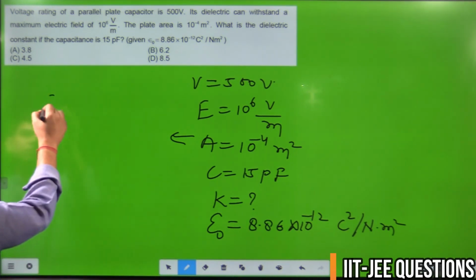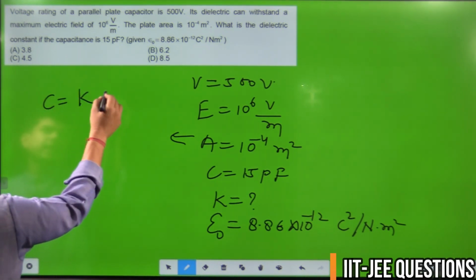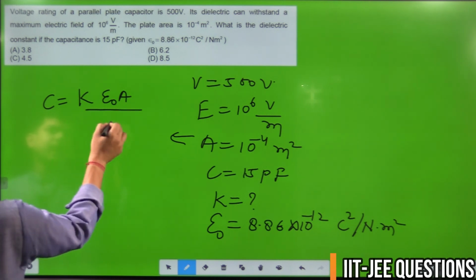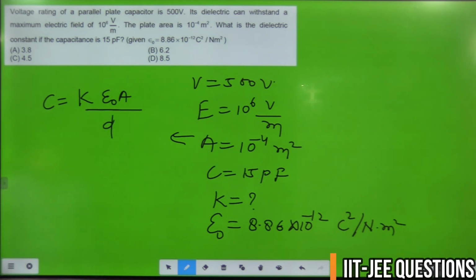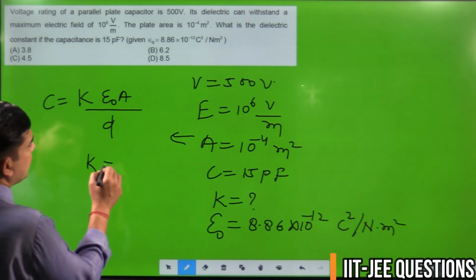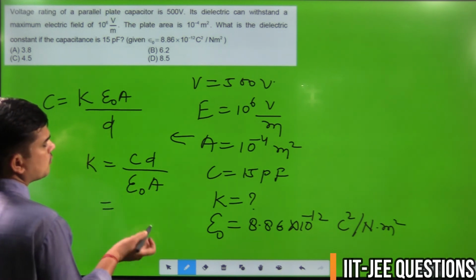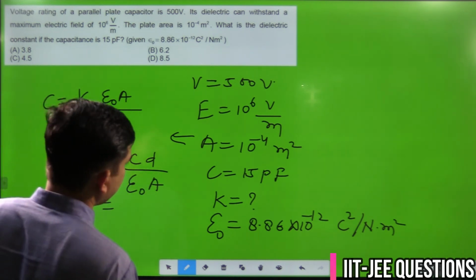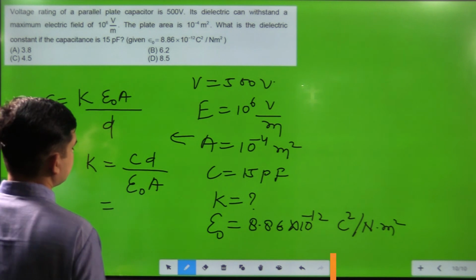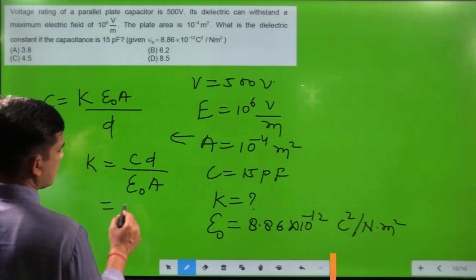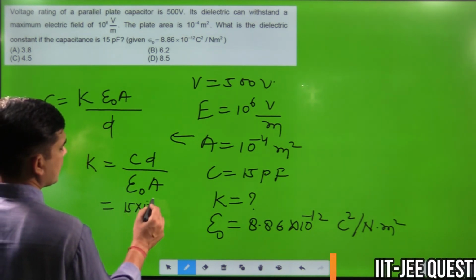To find the dielectric constant, the formula of capacitance is C equal to K epsilon naught A by D. Very simple formula. To find K it will be CD upon epsilon naught A. Put the value of C, D, epsilon naught and A. The value of C is 15 into 10 to the power minus 12.